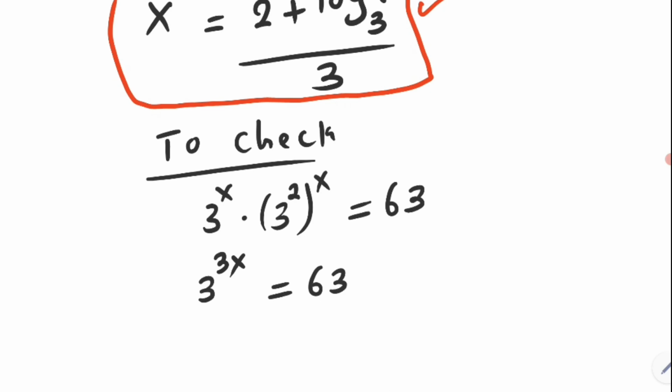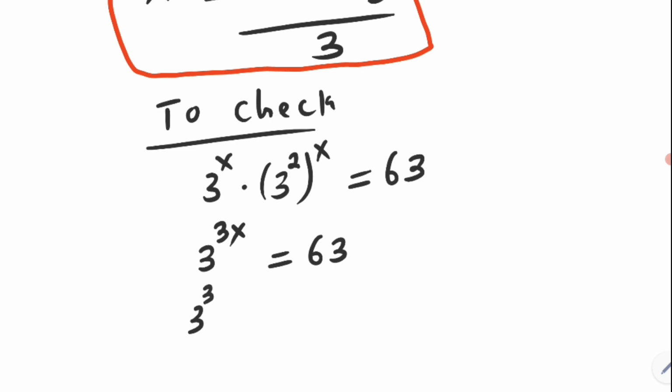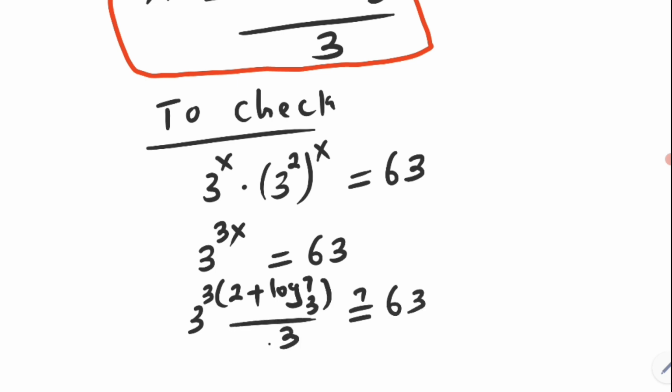Then if x is 2 plus log 7 base 3 over 3, we have 3 raised to power 3 bracket 2 plus log 7 base 3 over 3 must be equal to 63. This cancels this.